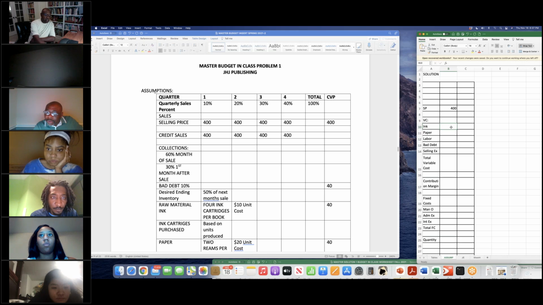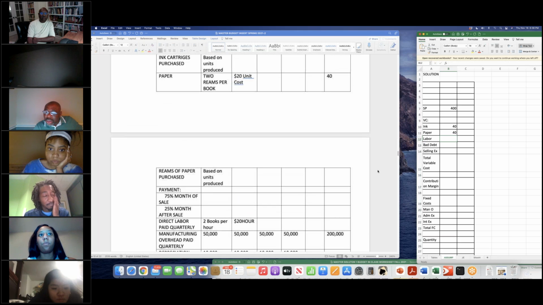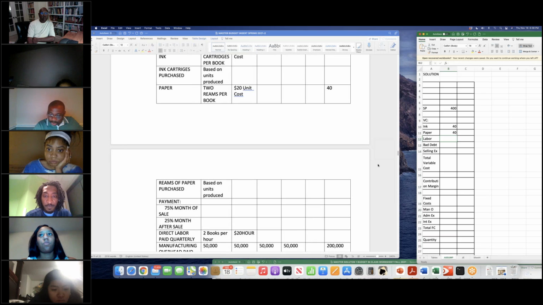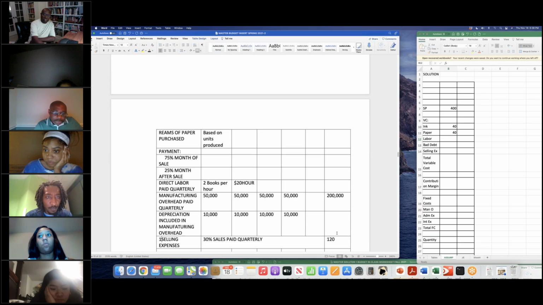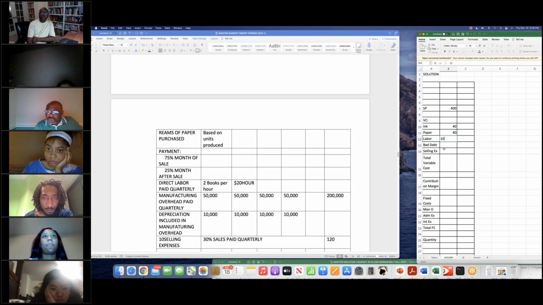So the ink is 40, the paper is 40. The labor we said was what? 10. Yes. So put the labor in here, it's 10. Bad debts is what? 40.